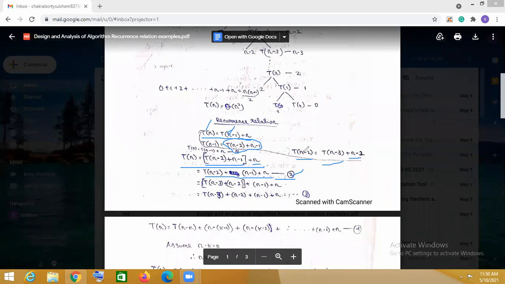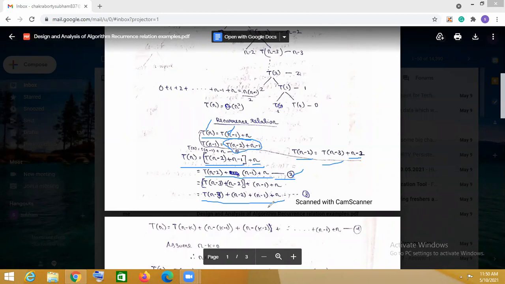So in case of T(n-2), we substitute this value: n minus 2 substitution becomes T(n-3) plus (n-2), then plus (n-1) plus n. So the function will become T(n-3) plus (n-2) plus (n-1) plus n.